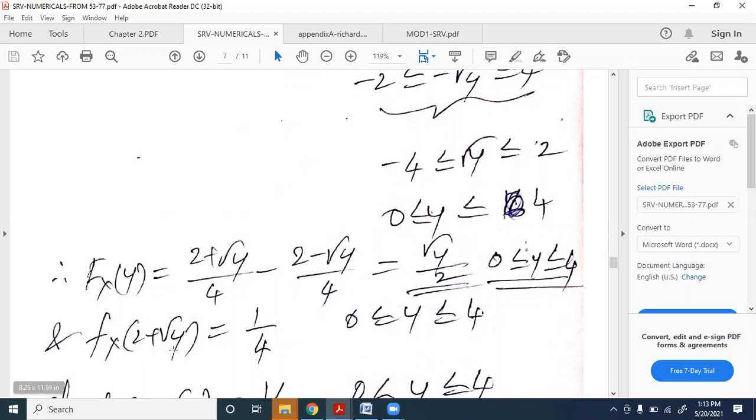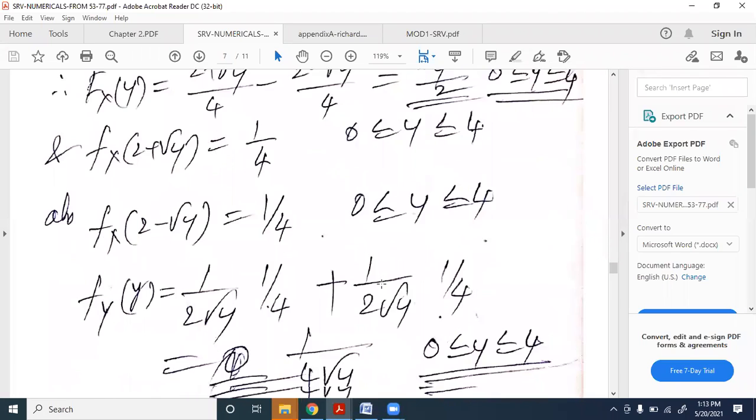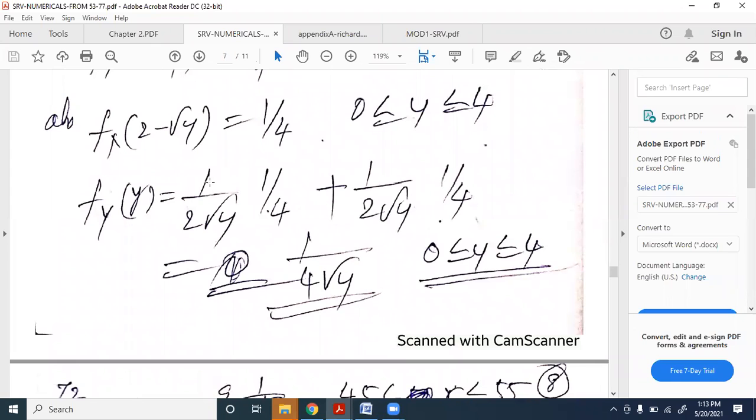In a similar way, we can write the PDF. That will be 1/4 between 0 to 4. If you substitute that, you will get 1/(2√y) × 1/4 plus 1/(2√y) × 1/4. If you solve this, that will give us the value 1/(4√y). This is how we can get the value of problem 71.